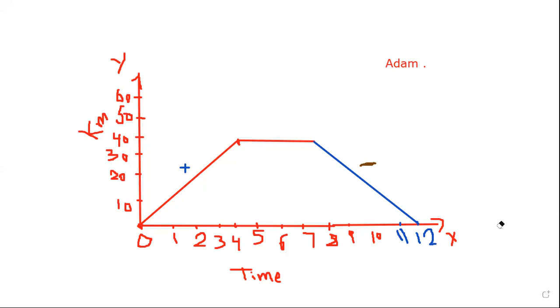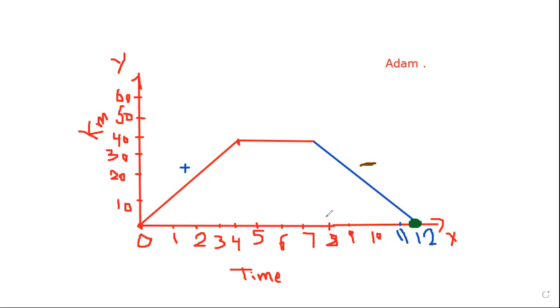How many hours? If I want to answer this question, where will I go directly? How long does he take for all his journey? How many hours? He stopped where? At 12, right? Sorry, at 12. Yes.